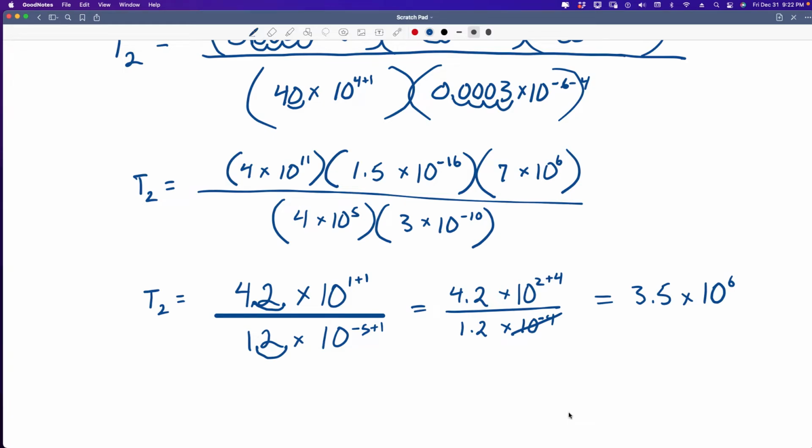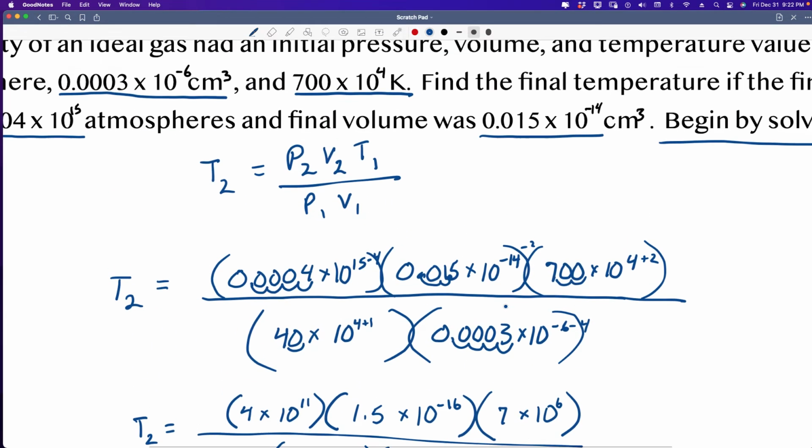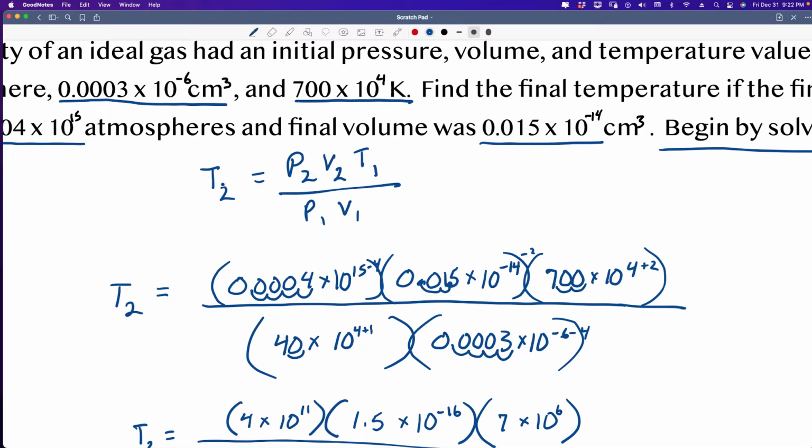All right, let's see if the book agrees with me. And it does. And because this is temperature, our temperature is given to us in Kelvin, which is a capital K, this would be the correct answer. Okay, so yeah, it's a few steps. First, we had to figure out what this was going to be, right?